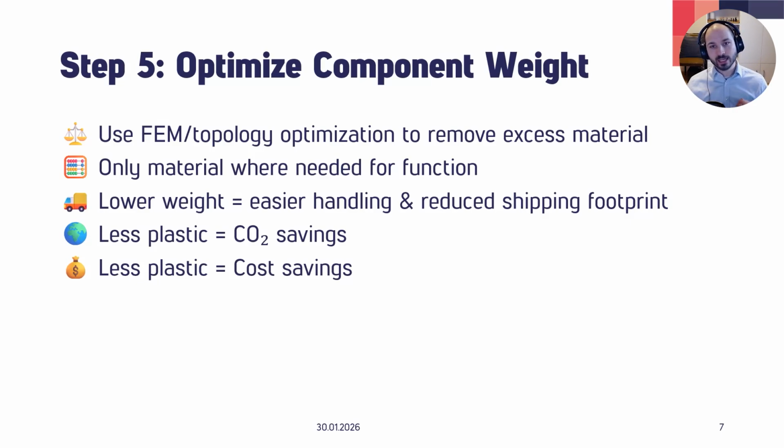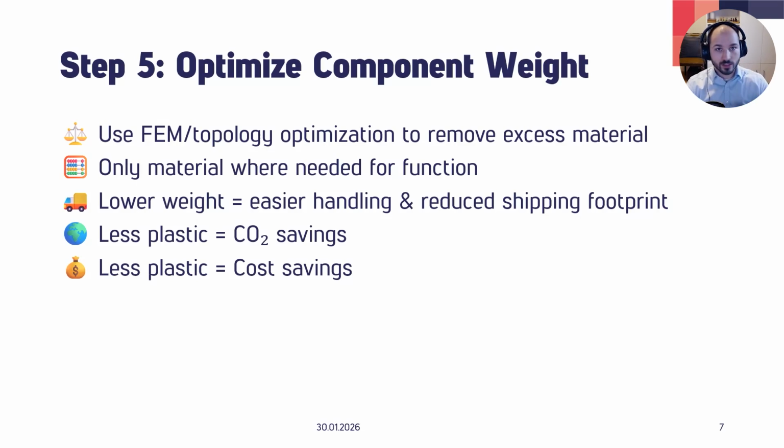You can get inspired by nature, because trees only grow wood where there's some stress going on. Tree branches are very efficient in material use, for example. That leads to lower weight, easier handling, and reduced shipping costs, of course. And in general, less material means less cost and better CO2 savings.